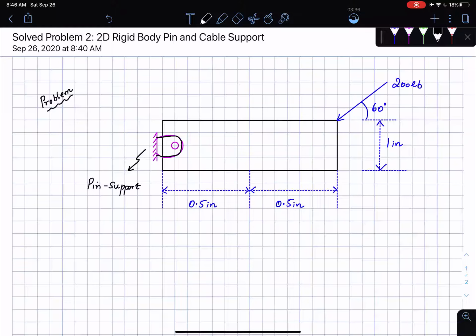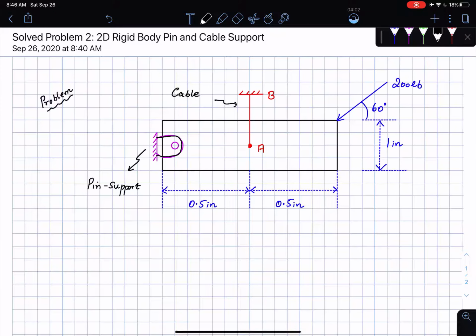I'm going to attach a cable. This cable is going to be attached at this particular point. There is a small pin that is put up here, and then this cable is attached here. Let me call this cable AB. So this is a cable.